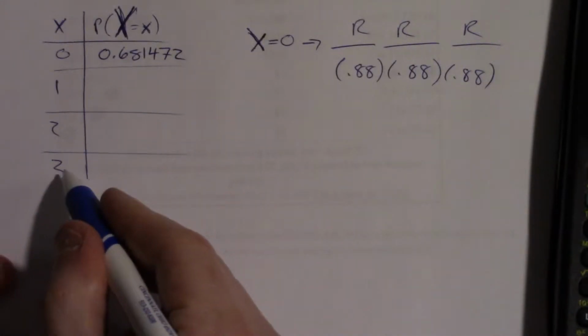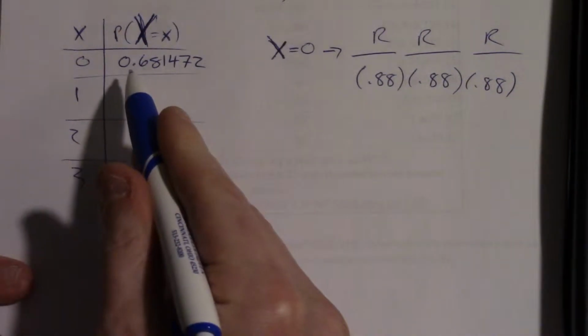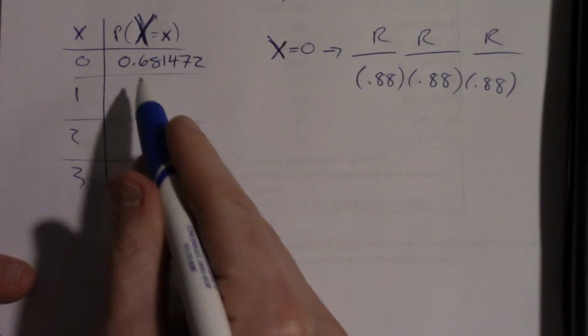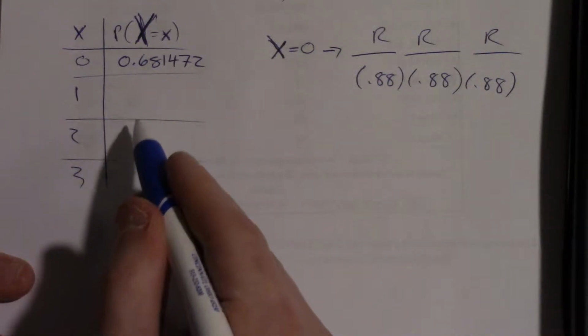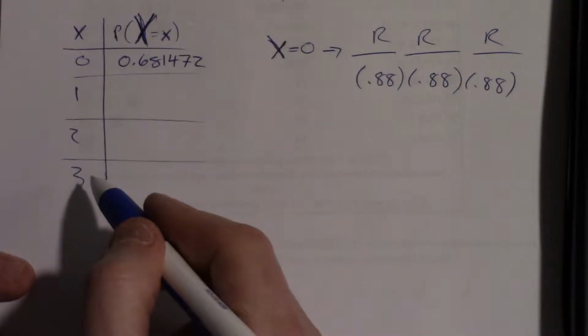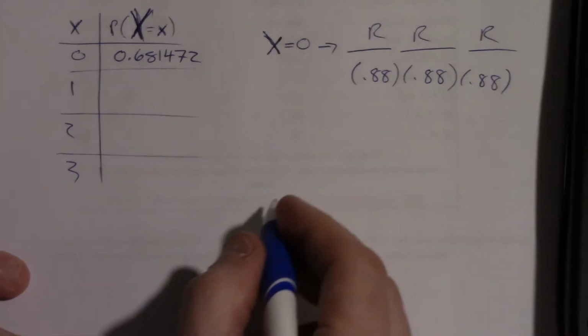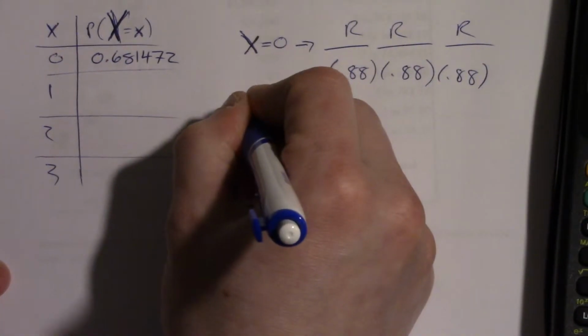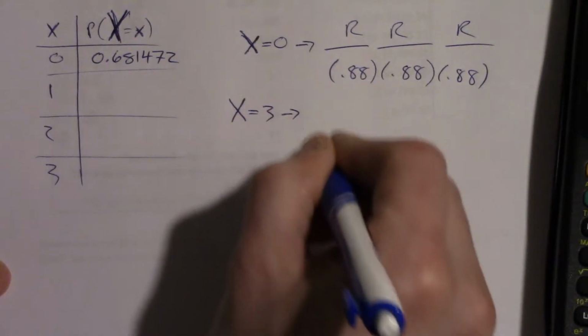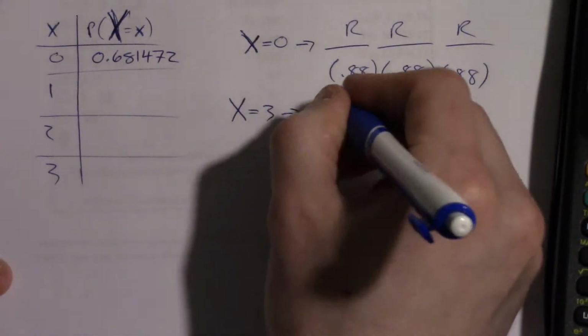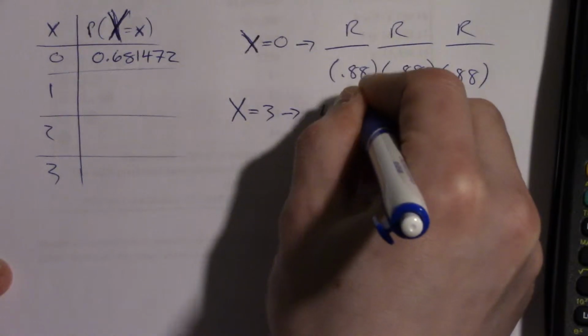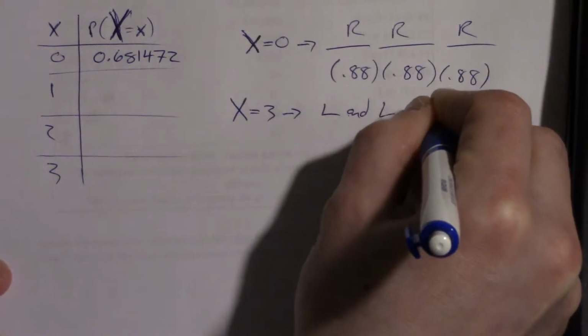Like before, it's going to be easier to do the ends, or the beginning and the end of the distribution first. When you get into the middle, that's when you'll have to think about the different combinations. So when big X is 3, that means all 3 people in the sample are left-handed. So left, and left, and left.